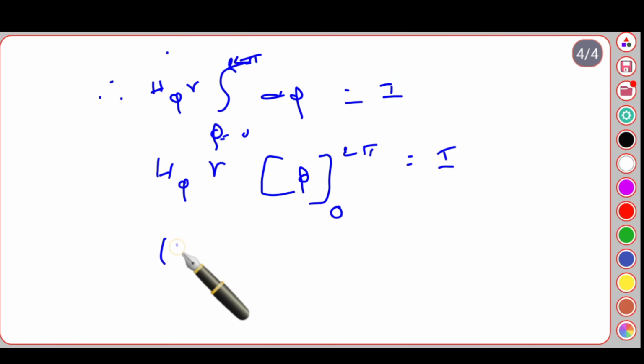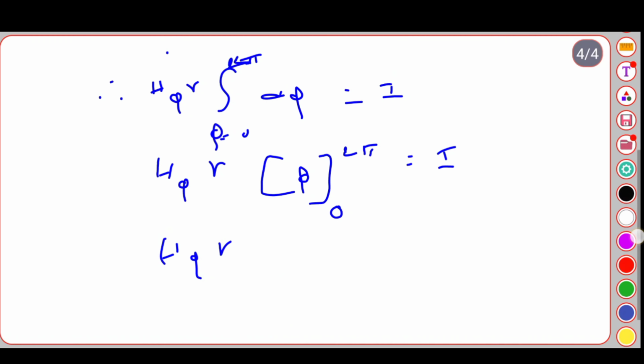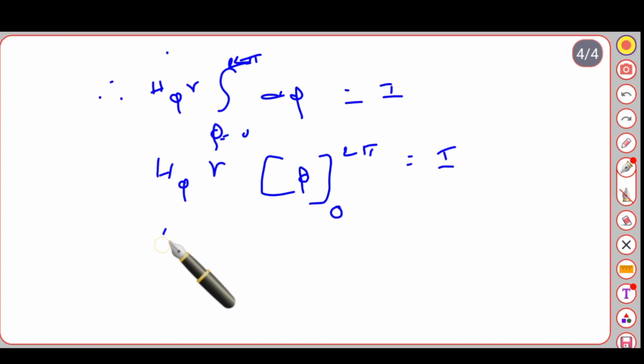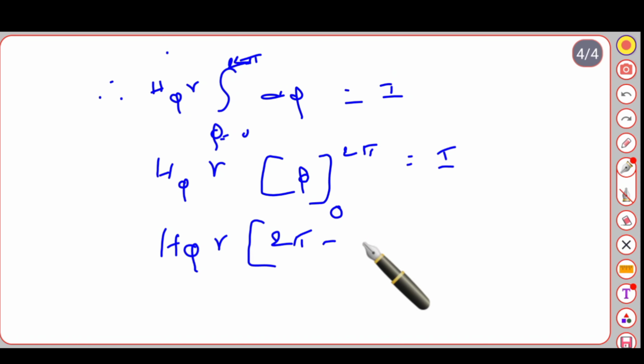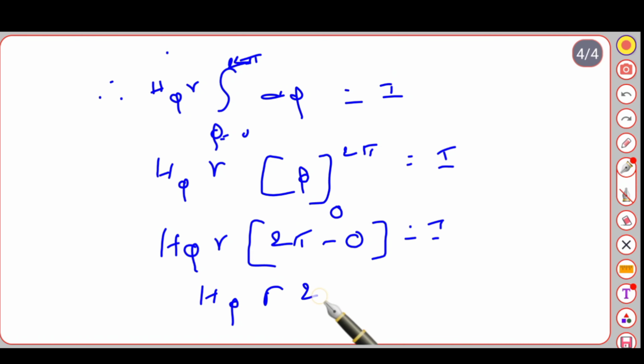Applying the upper limit 2 pi and lower limit 0, finally we get only 2 pi. Therefore H phi into r into 2 pi equals I.